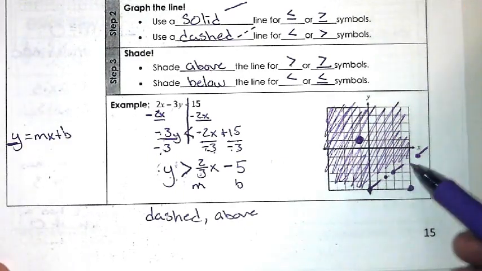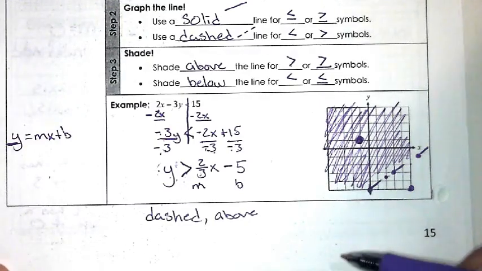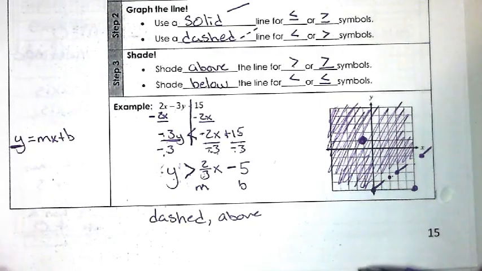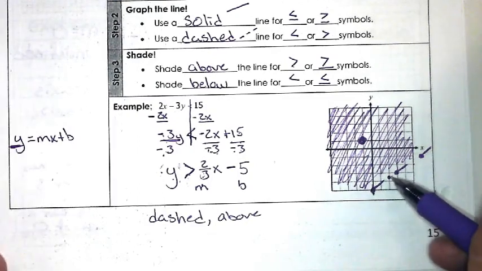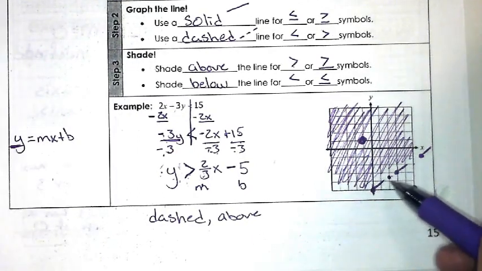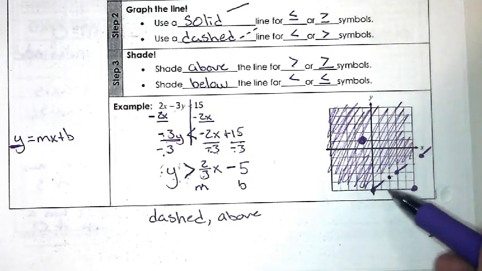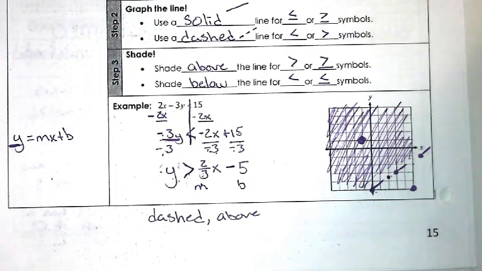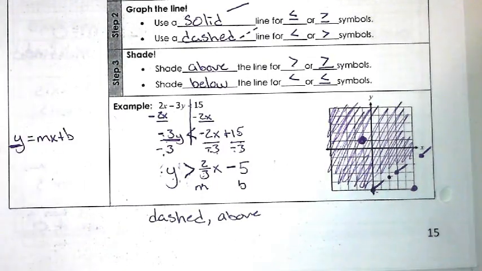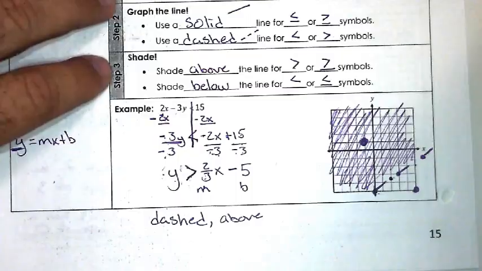Do we include that, or is that non-inclusive? Not inclusive. Because it's not inclusive, that is not a solution. Even though it is on the line, it's not inclusive because it's a dashed line, because it's full of holes. Got it? Got you good? Sweet. Okay. Turn the page, por favor.